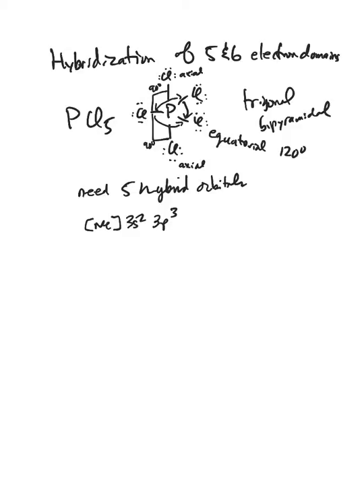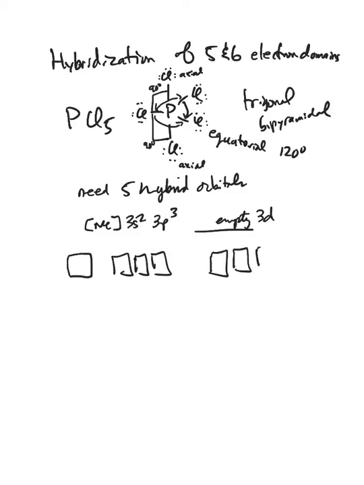And because it's in the P block, it also has empty 3d orbitals that we're going to use to make our hybrid orbitals. So we're going to take the 3s, the 3p, and these empty 3d orbitals.